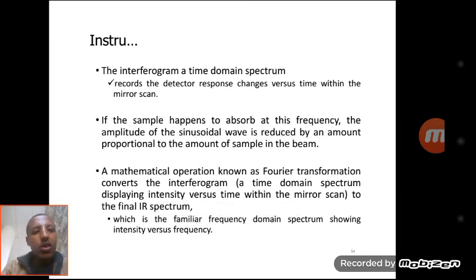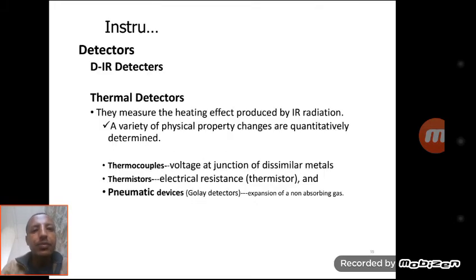So the Fourier transform converts the interferogram from a time domain spectrum to the final frequency domain, or absorption or transmission versus frequency or wave number. This is called the Fourier transform IR spectrum.